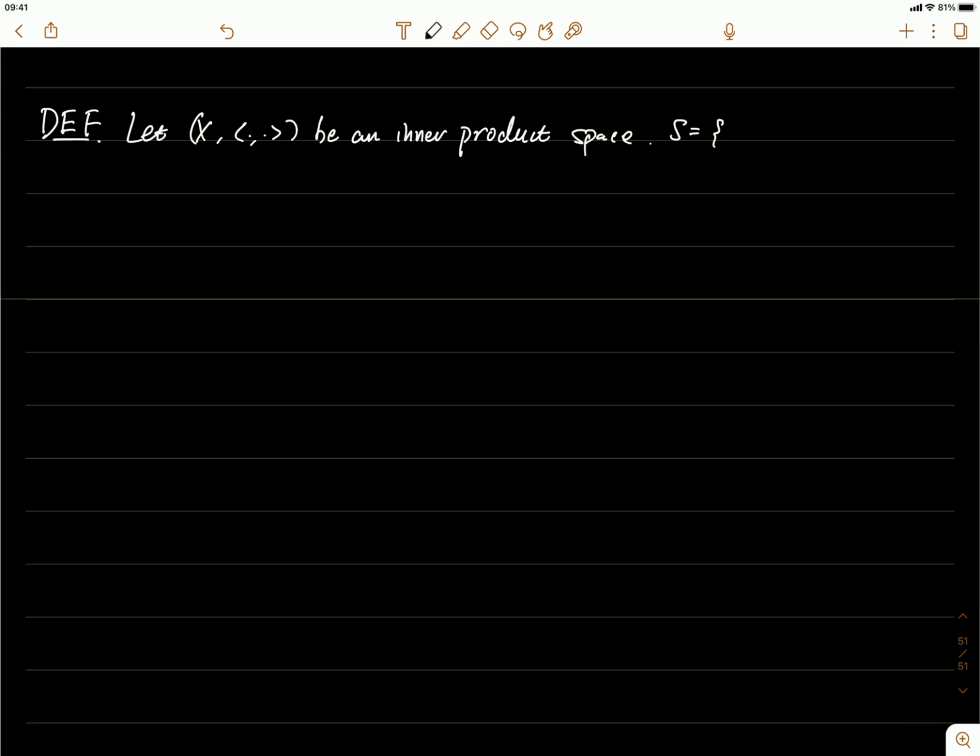Let's say we have a set of elements or set of vectors in this space. And this A denotes the index set. The set itself is the S. We call this S a basis.